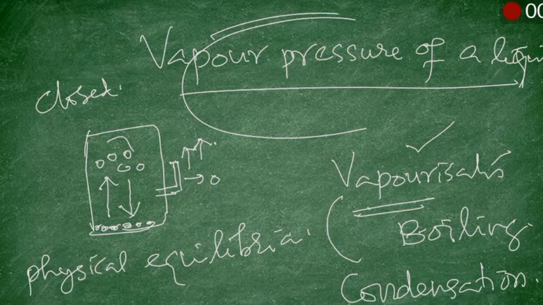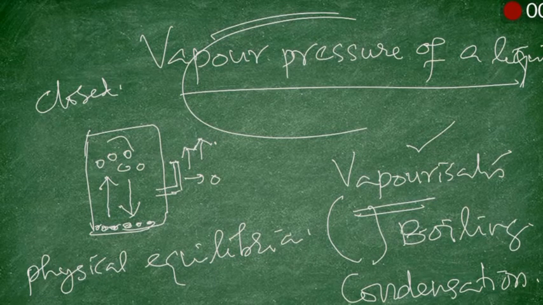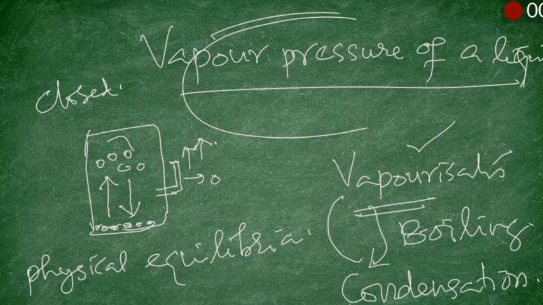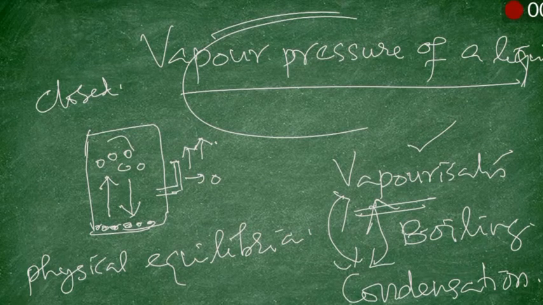The pressure will keep on increasing until there exists an equilibrium between the vaporization and condensation. We already know what equilibrium is. Equilibrium is a state at which the rate of the forward reaction as well as the backward reaction, which is part of the reversible reaction, becomes exactly equal.